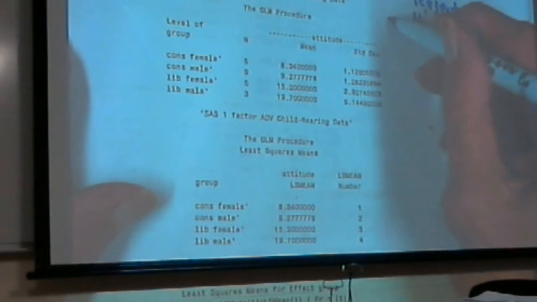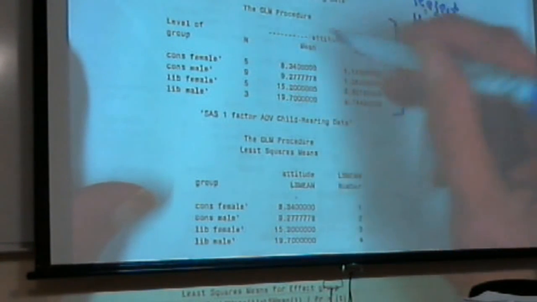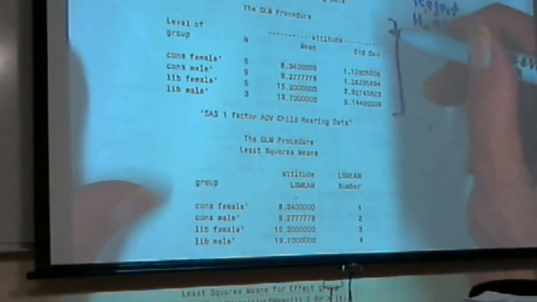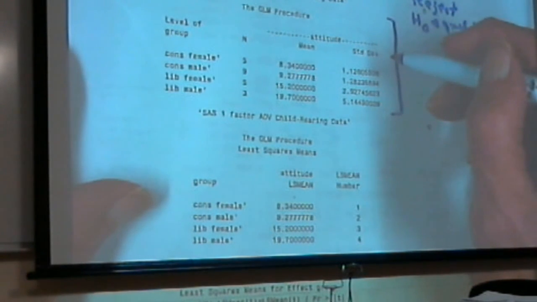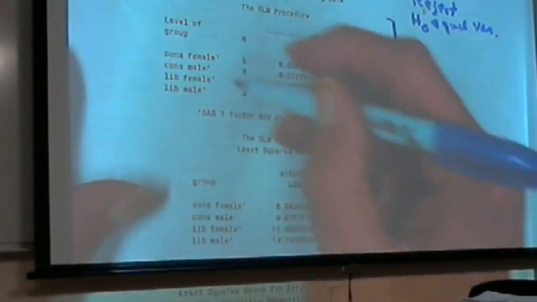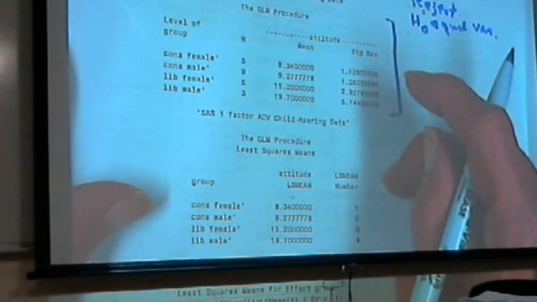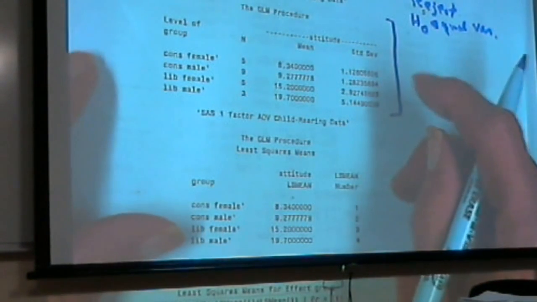I'm not sure where this is coming from, actually. It says GLM procedure. There it is. And there we can see their 4 groups are labeled again in alphabetical order, not original order, so we have to be a little careful about that.